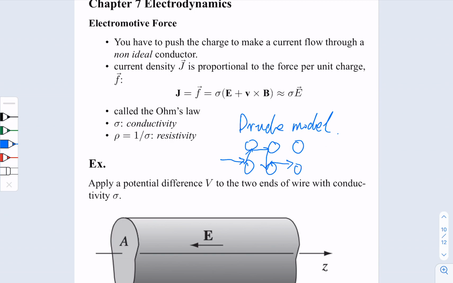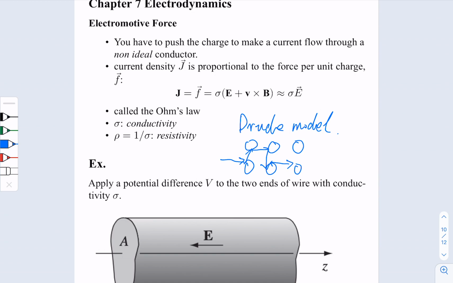This drift velocity is the velocity that we are interested in, and because of this very slow drift of the charged electrons, there can be a current.